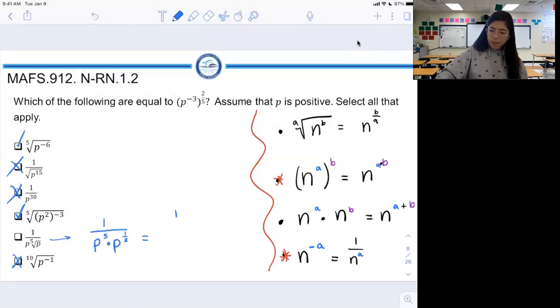How do I add 5 plus 1/2? Common denominator. So that would become 10 over 2, which would be 11 over 2, or 5.5.